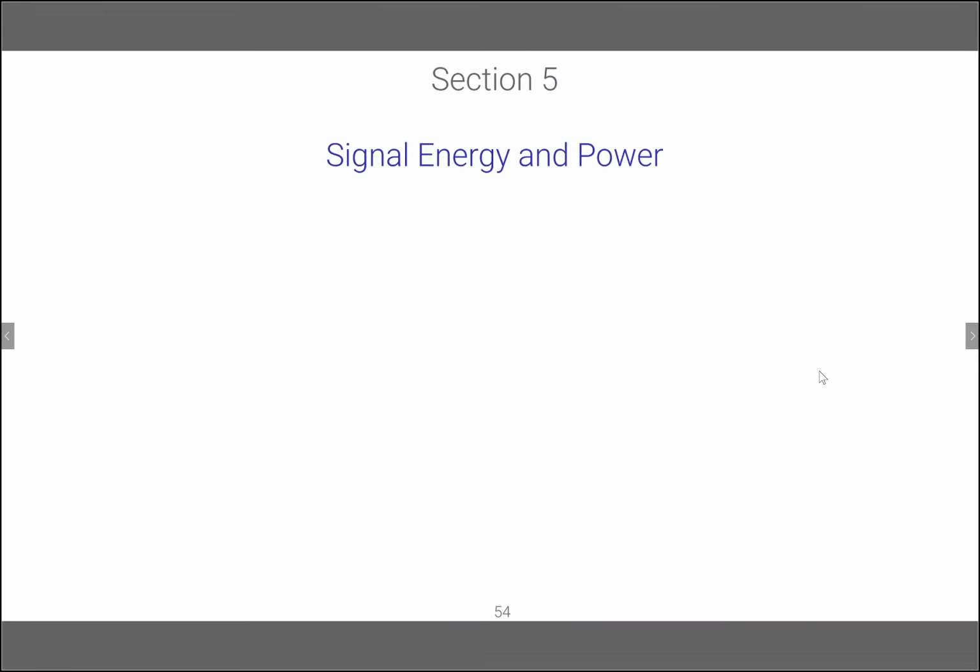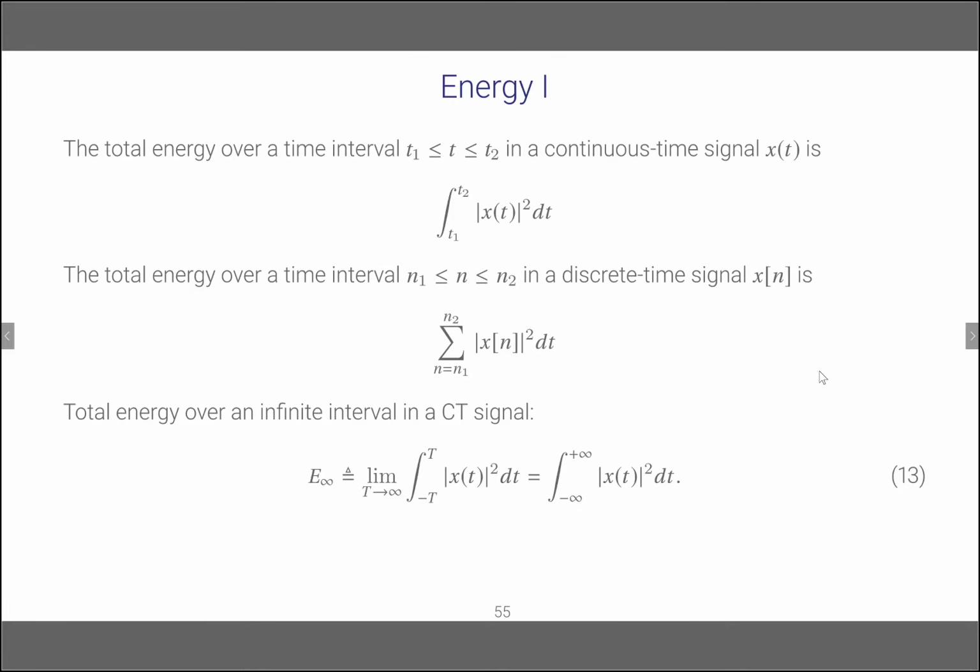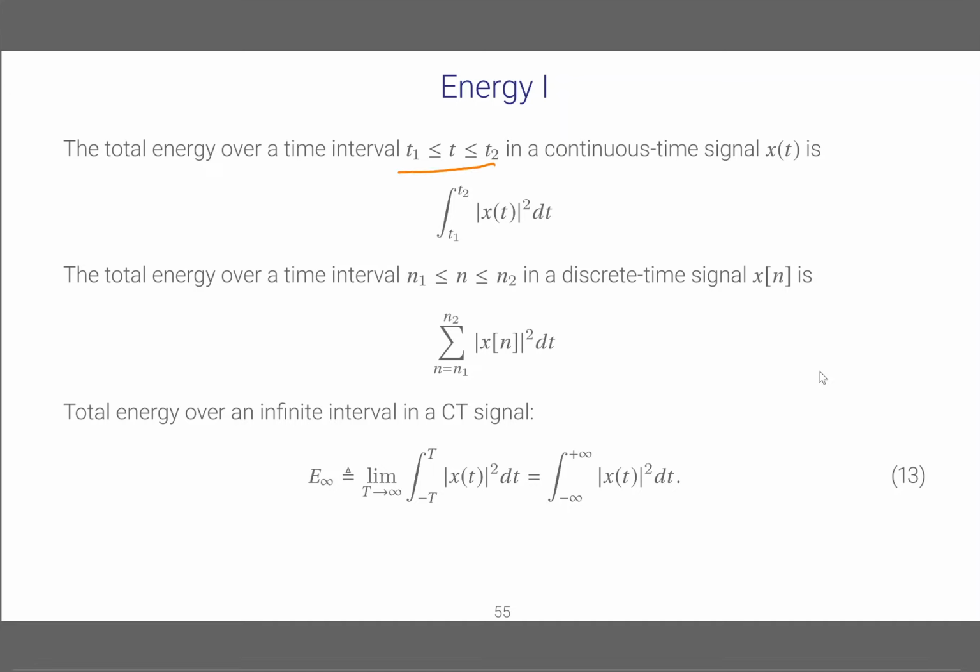So now we look at signal energy and power. The total energy over time interval t1 to t2 in a continuous time signal x(t) is defined as the integral from t1 to t2 of modulus of x(t) squared dt. So you can see when you have a resistor of R equals 1, there is a current i(t) and the voltage is v(t).